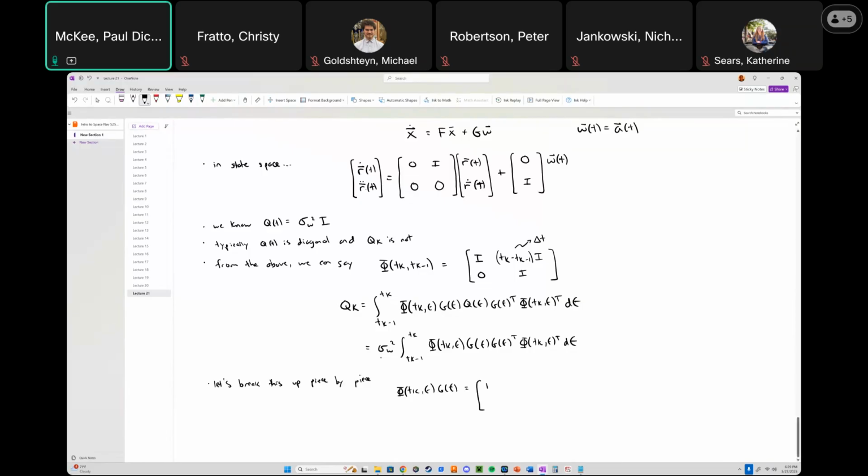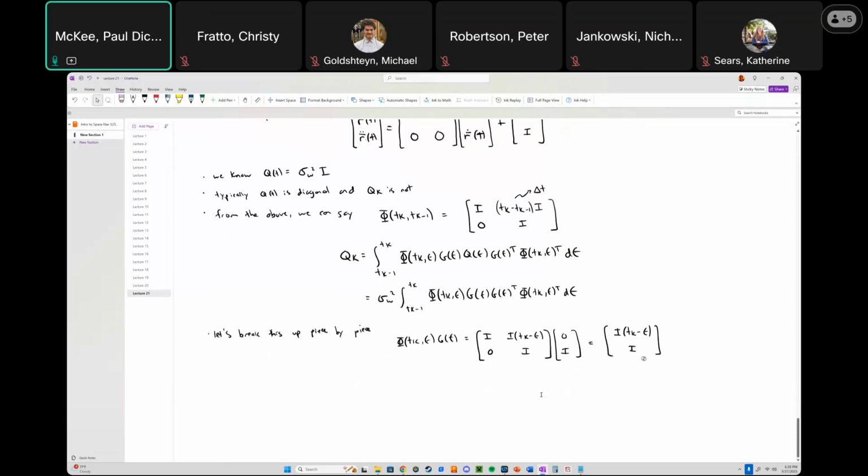Well, that's going to be the identity matrix, with the identity matrix multiplying tk minus epsilon, 0, and the identity matrix. And this multiplies 0 and then the identity matrix. Which, rows of the first, columns of the second, gives us identity matrix times tk minus epsilon, and then just the identity matrix.